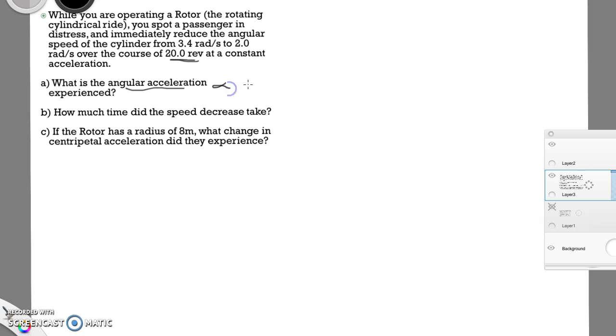So what is alpha? We're given an initial angular velocity of 3.4 radians per second, a final angular velocity of 2 radians per second, and an angular displacement of 20 revolutions, or 40 pi radians. Okay, so we have 1, 2, 3, 4 quantities they want to compare.